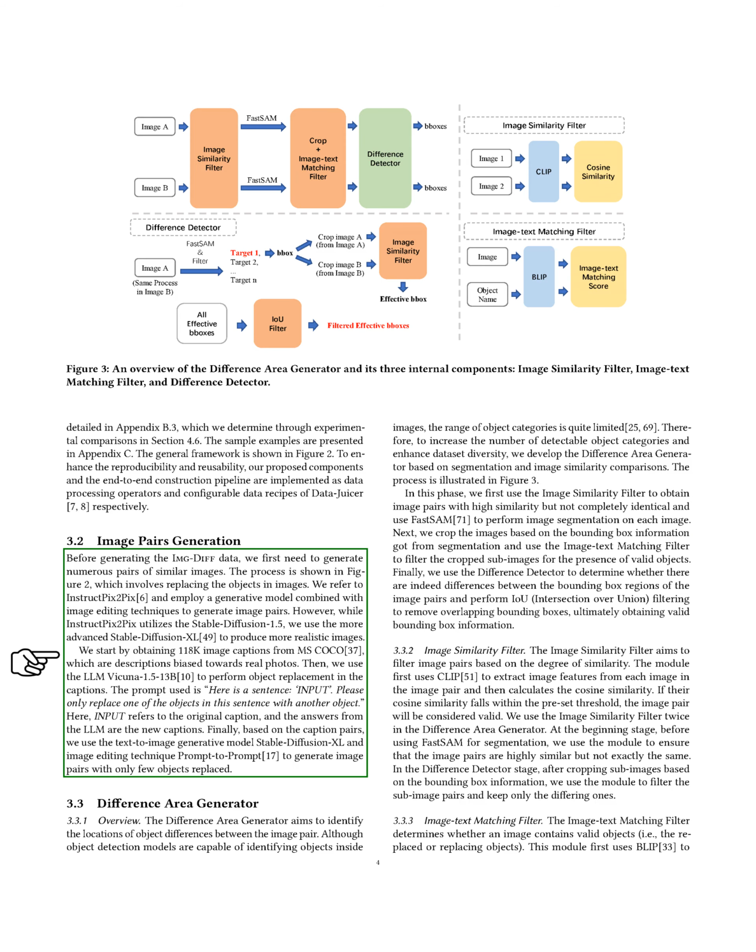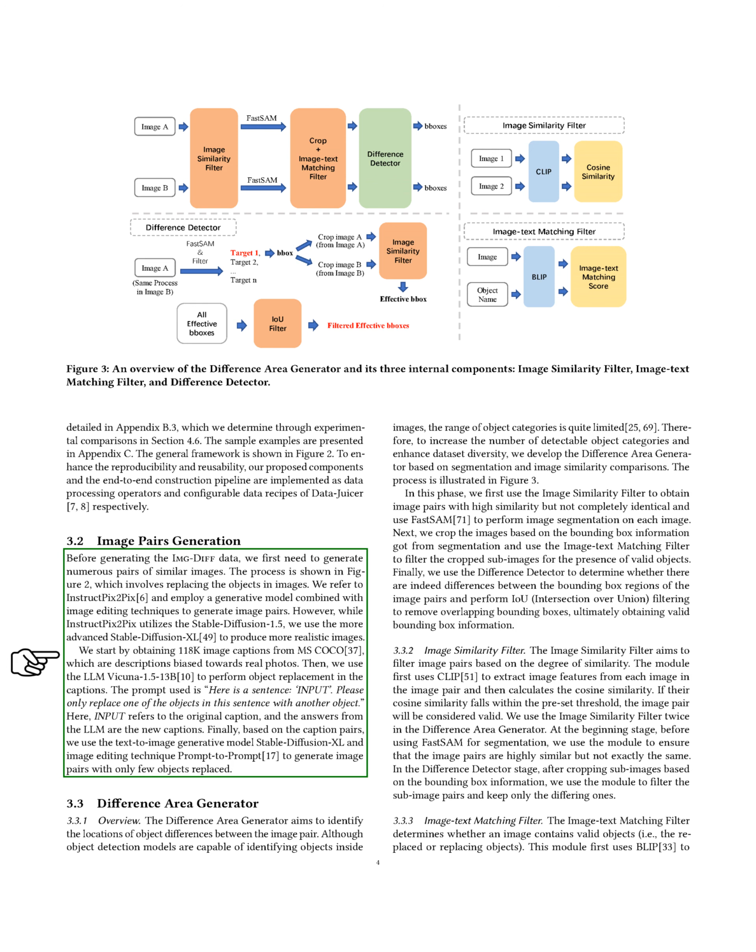Before generating our Img-Diff data, we first create numerous pairs of similar images. We follow a process that involves object replacement in images, inspired by Instruct Pix2Pix but using the more advanced Stable Diffusion XL for better image quality. We start by gathering 118,000 image captions from MS COCO, which are focused on real photos.